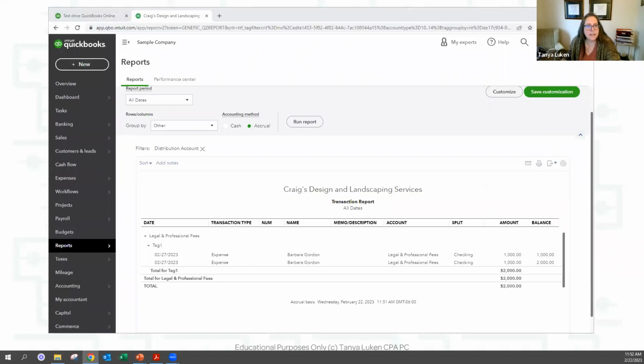And then someone asked, Delphina asked, if there's a partner that has their own business credit card, would I recommend using a tag? I would actually set it up either as a petty cash bank account where you reimburse them for those things.